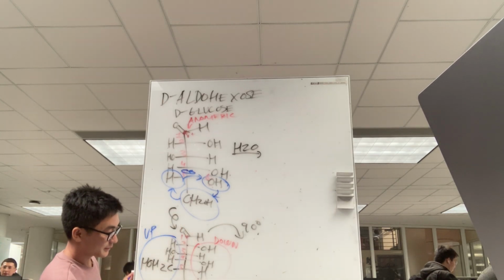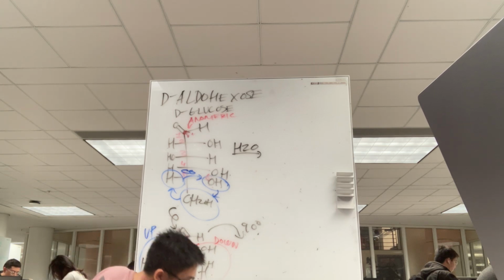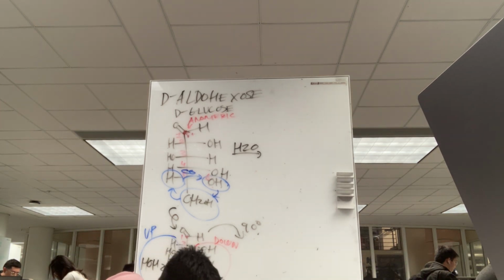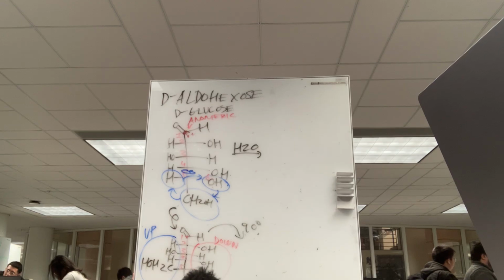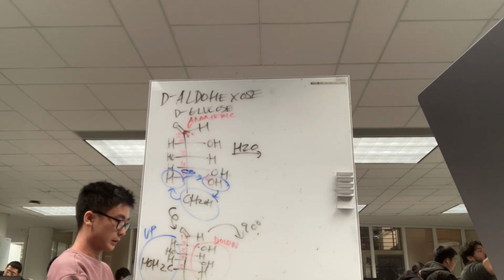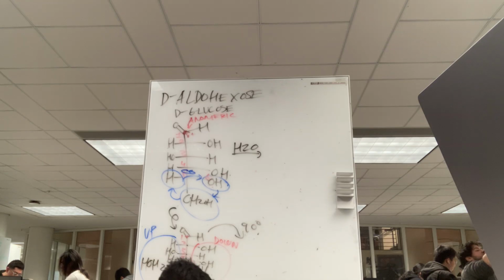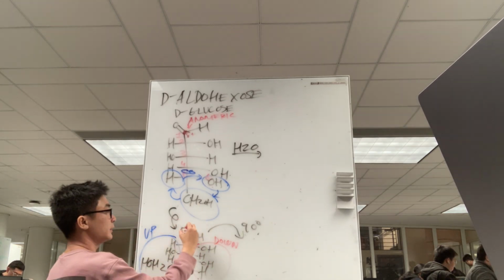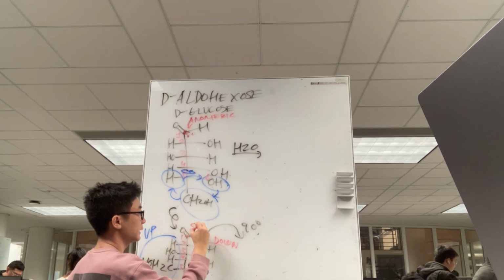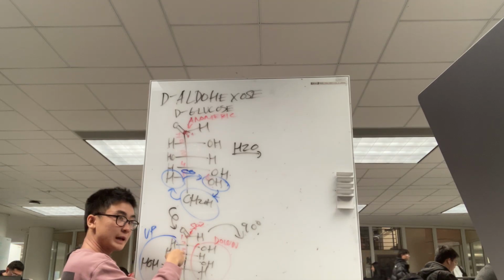Now, everything is going to be the same because we're actually going to get two different products here, except at the anomeric carbon, which is this red dot carbon right here, which was the carbonyl carbon. We know this anomeric carbon is sp2 hybridized, which is flat and planar.